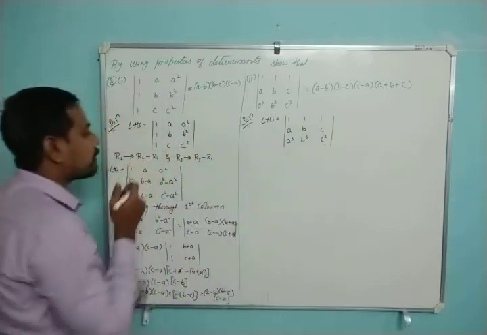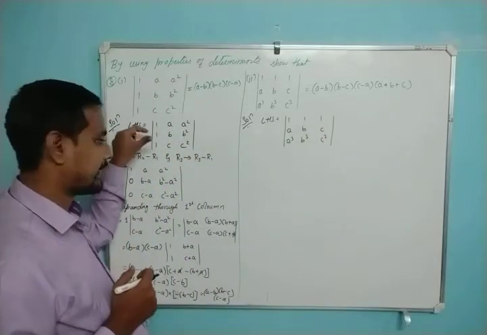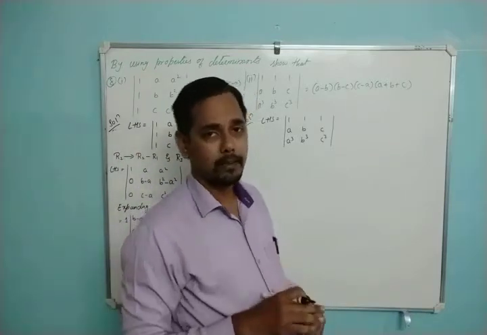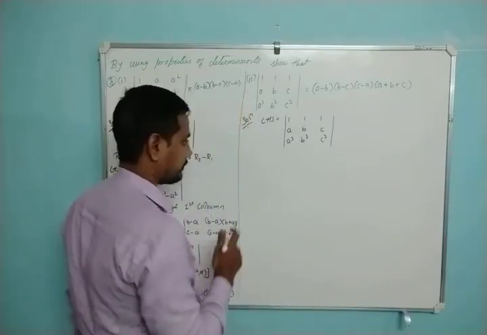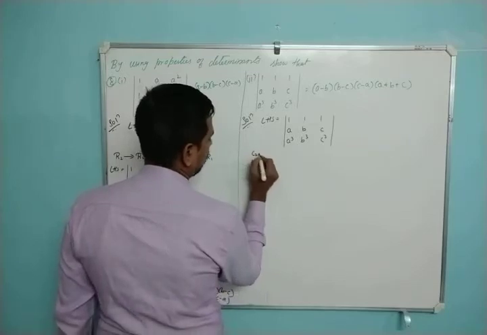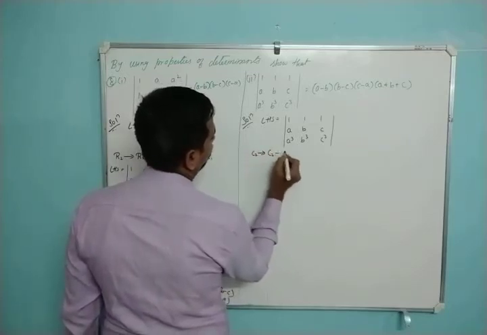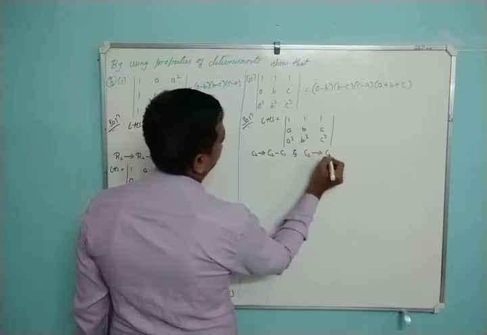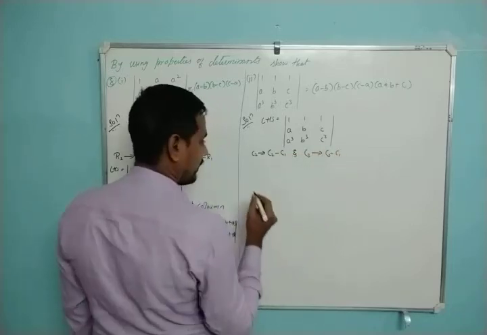See, there 1, 1, 1 was along the column, so we operated on rows. Now 1, 1, 1 is along the row, so let us operate through columns. Column 2 changes to column 2 minus column 1, and column 3 changes to column 3 minus column 1.